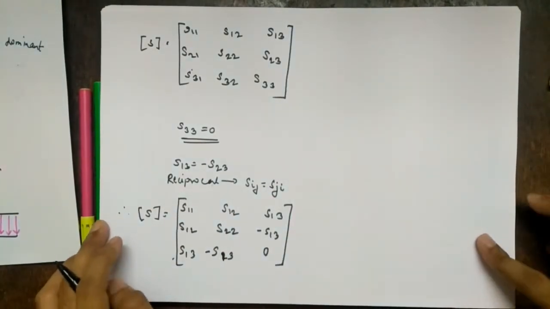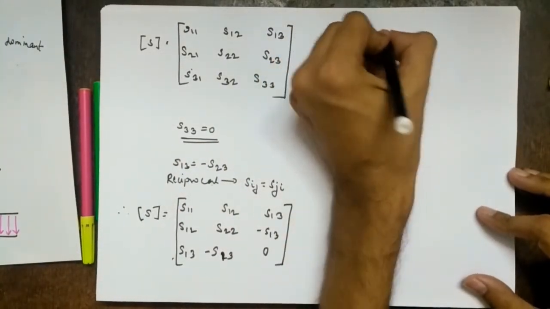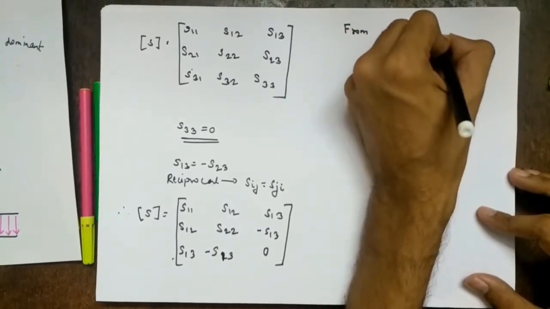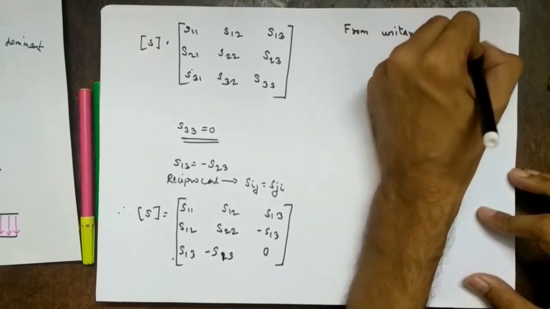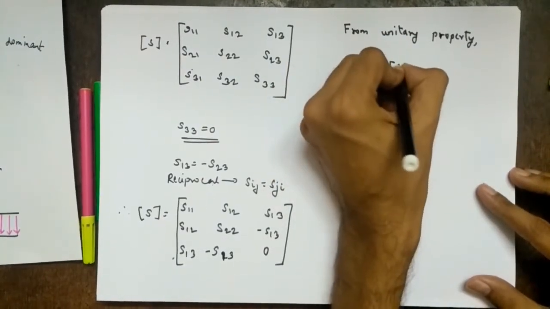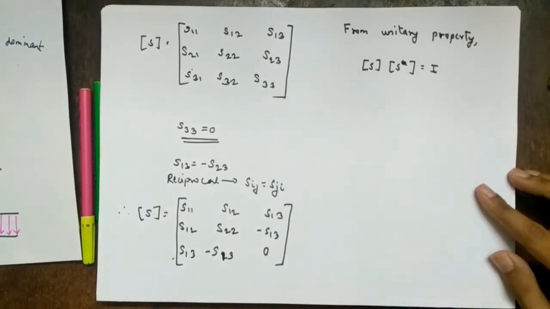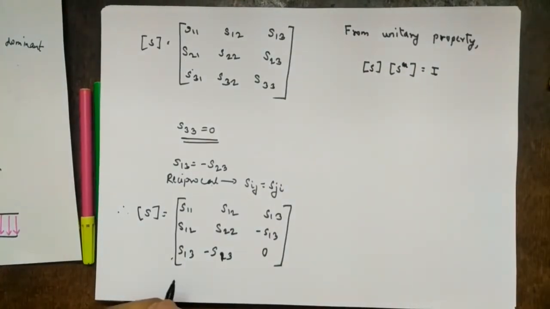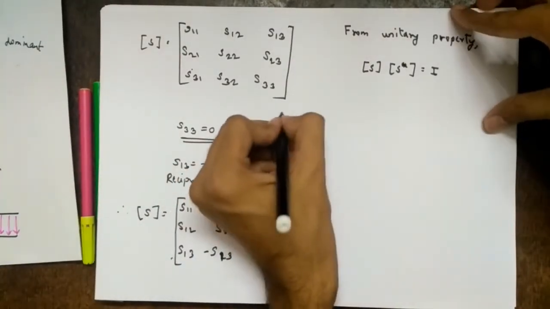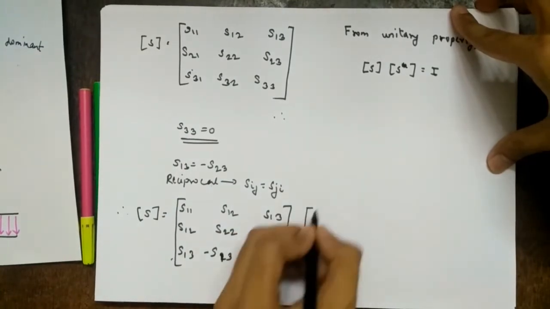Then what do I know from the unitary property? From the unitary property, S into S conjugate equal to I, right? So I can again draw this, and I'll write it here only.